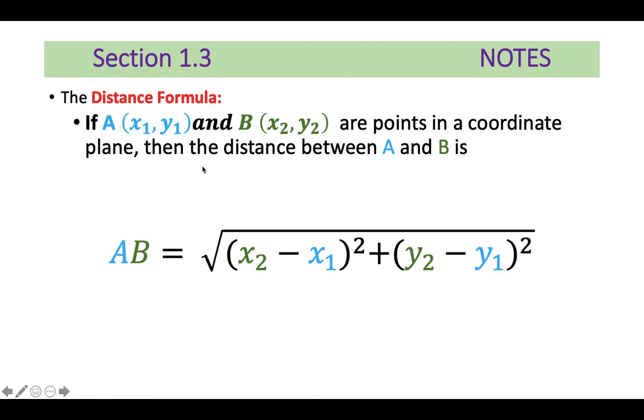They are points in a coordinate plane, then the distance between the two, AB, and really we're just talking about length, right? So this is the formula. AB equals the square root of (x2 minus x1) squared plus (y2 minus y1) squared.